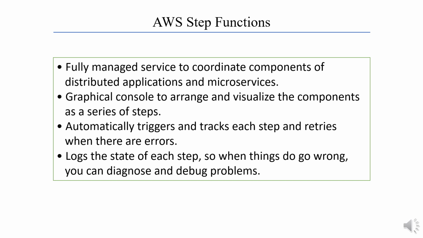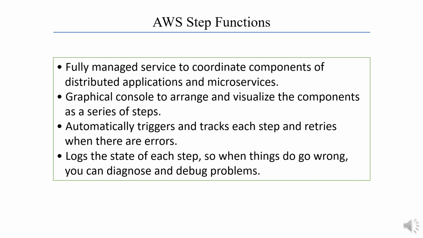AWS Step Functions automatically triggers and tracks each step and retries when there are errors, so your application executes in order and as expected. It logs the state of each step, so when things do go wrong, it enables you to diagnose and debug problems more quickly.